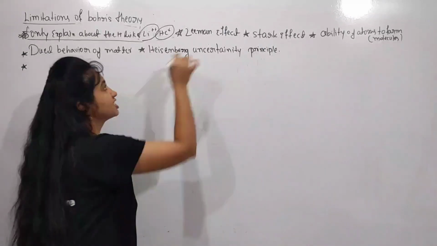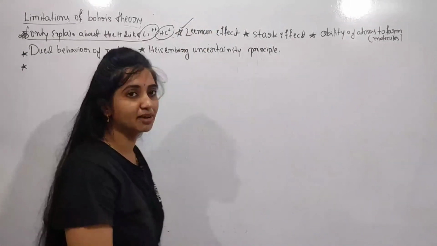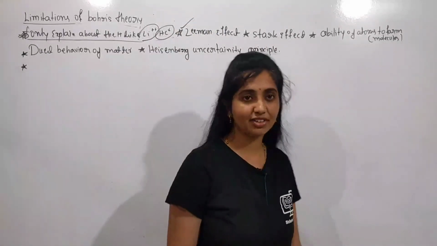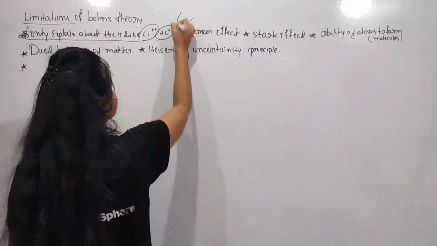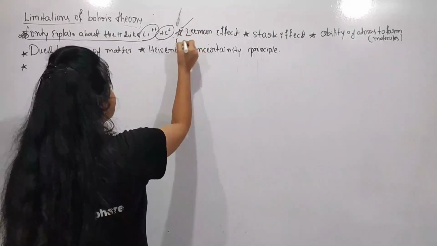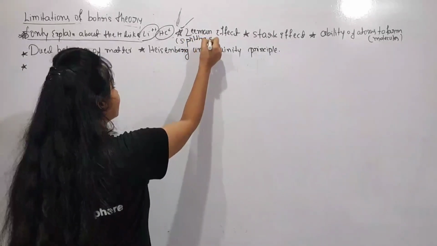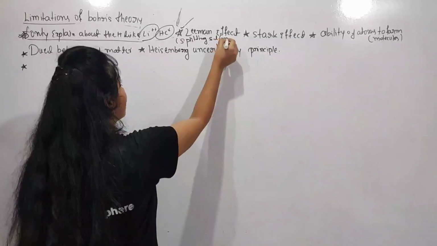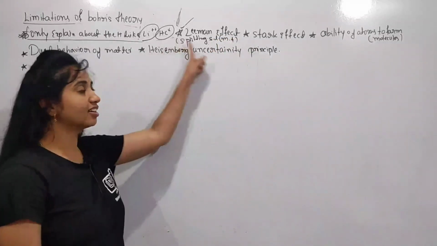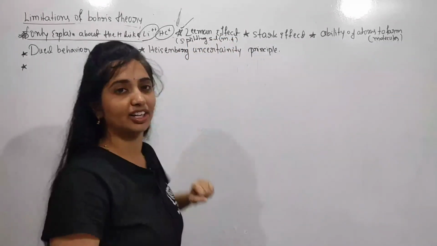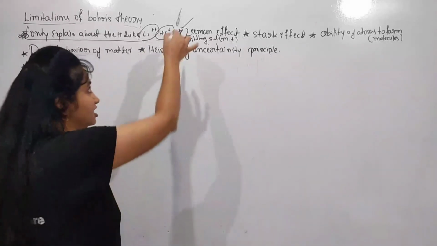And the next limitation is that he can't explain the Zeeman effect. What is meant by the Zeeman effect is the splitting of spectral lines in a magnetic field. The splitting of spectral lines in a magnetic field is called the Zeeman effect.